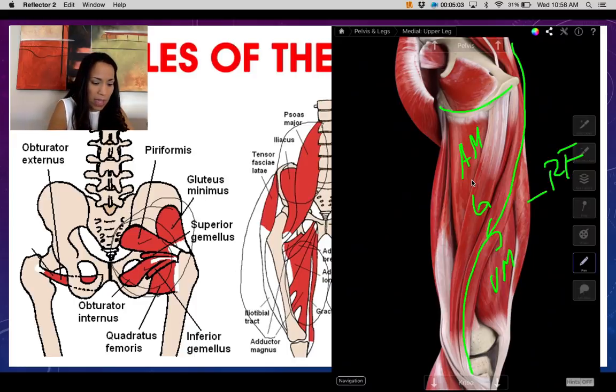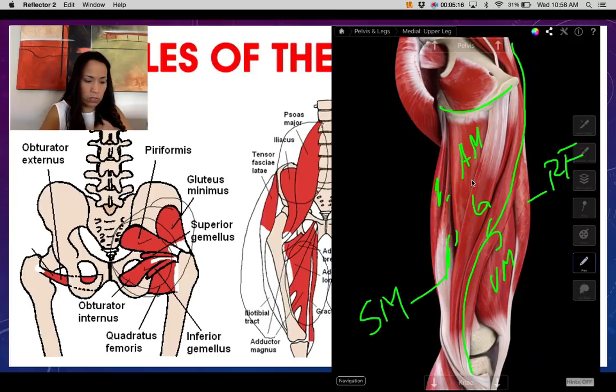Which muscles of the hamstring can you think this muscle and this muscle are? They are located towards the medial side of the thigh. So this one is the semimembranosus, the medial one, and this one is the semitendinosus.